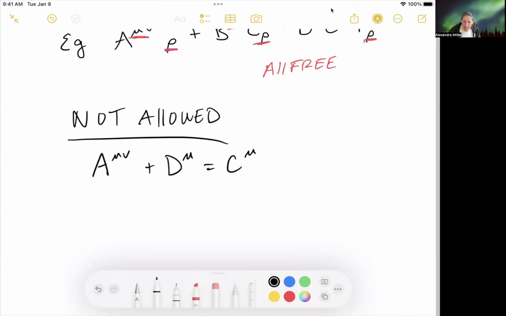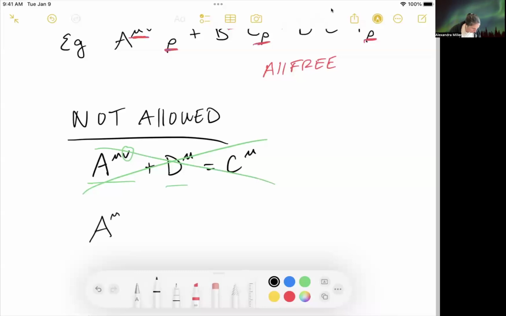This isn't allowed. Our indices don't match. We have this extra nu here, which is just sort of floating around. Here it looks like I'm adding a matrix to a vector, so this is bad. This is not allowed. Doesn't make sense as a mathematical operation.